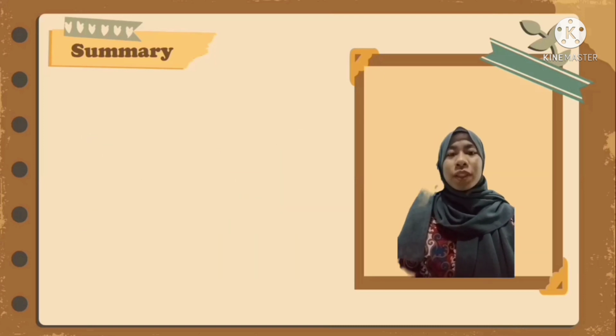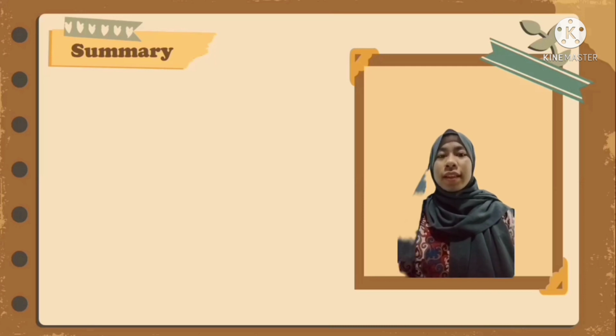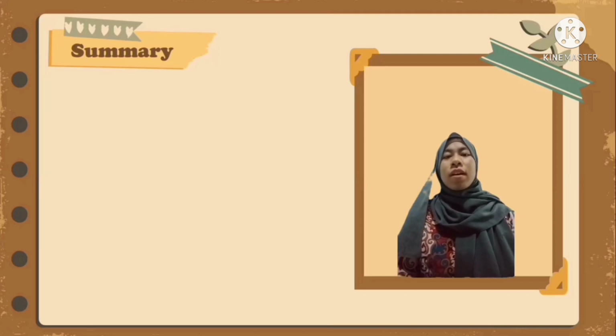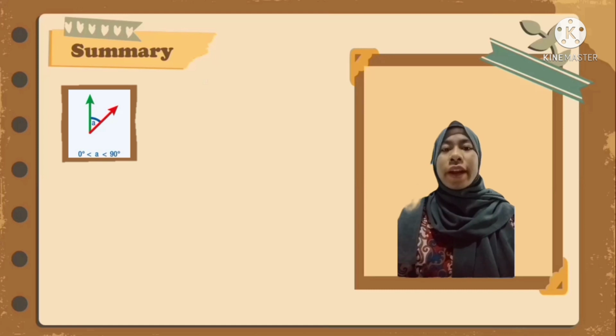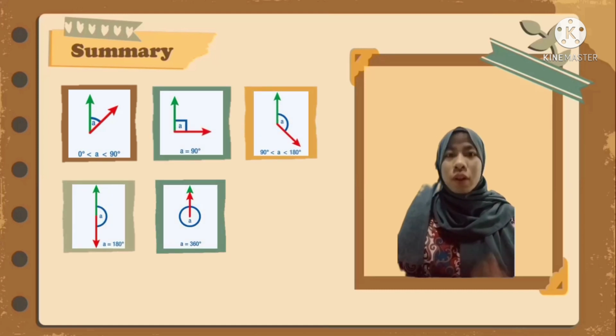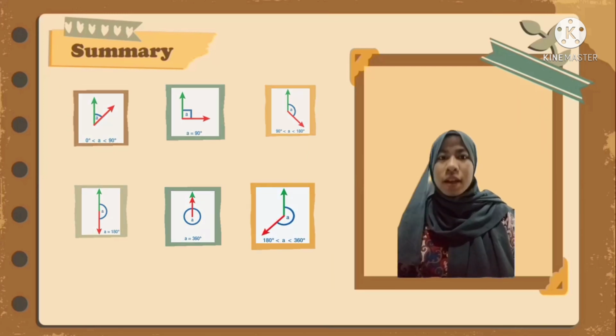An angle can be formed by two intersecting lines, two intersecting rays, or an intersecting line and ray. There are kinds of angles: acute angle, right angle, obtuse angle, straight angle, full rotation angle, and reflex angle.